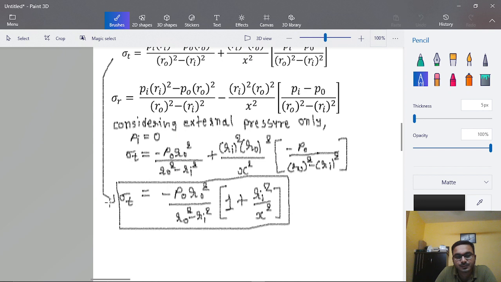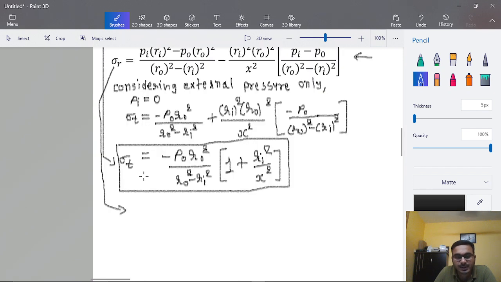Now similarly, for the radial stress, we can put the value of Pi as 0 in this equation and obtain similar equations that I am writing down directly.